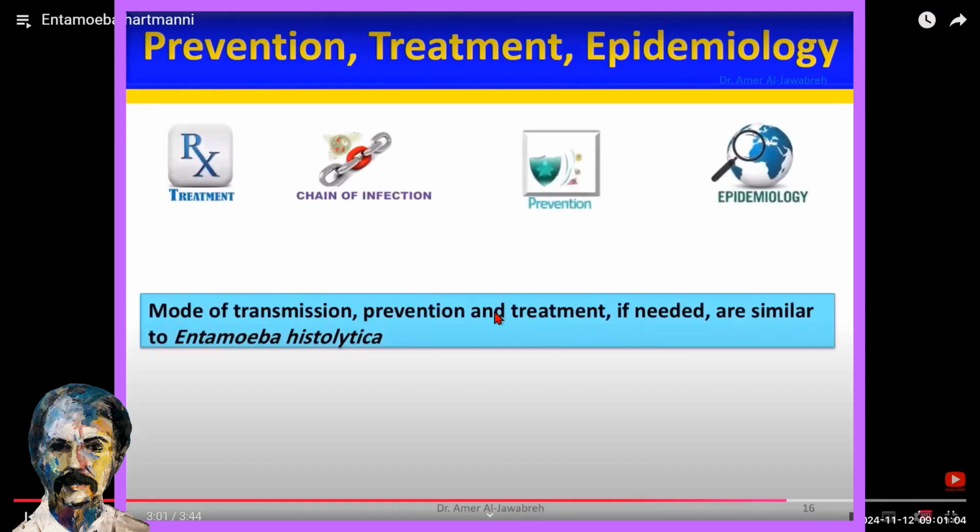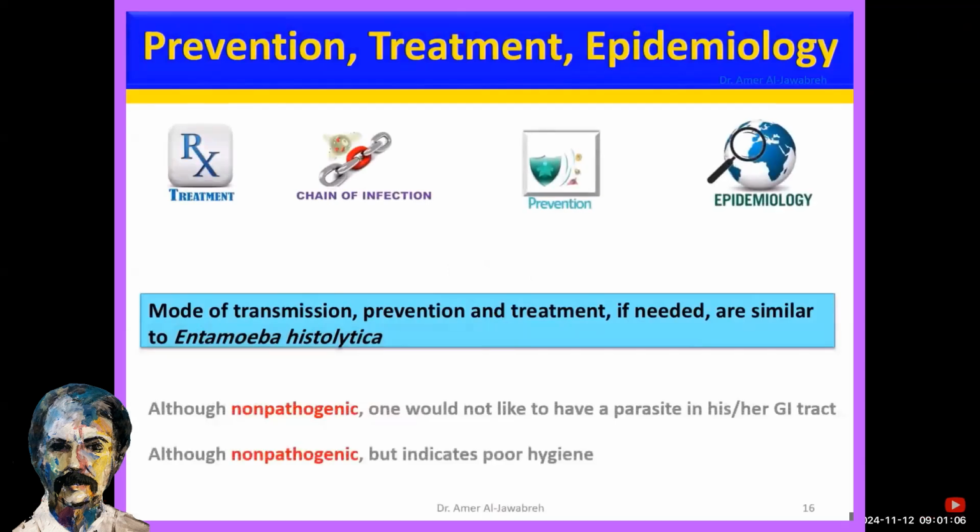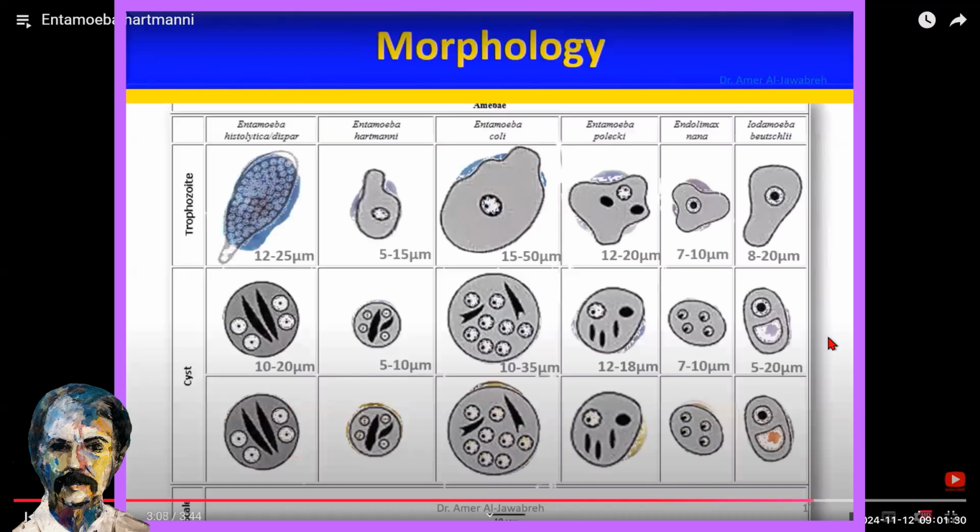Treatment, chain of infection, prevention, and epidemiology. So if you look here, just a comparison in the shapes and the sizes. This is Entamoeba histolytica 12 to 25 compared to this 5 to 15. So this is smaller, dwarf. 10 to 20, 5 to 10.